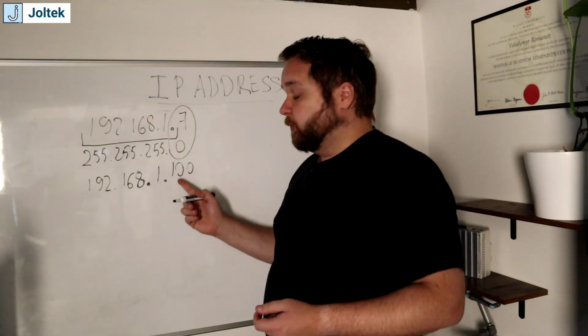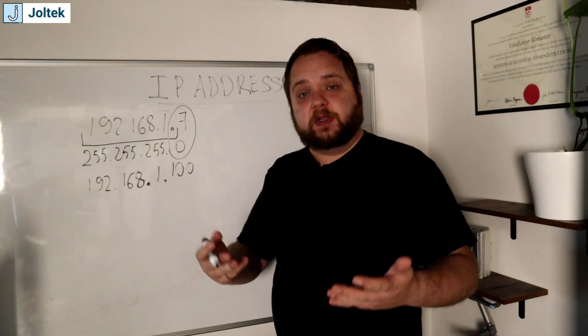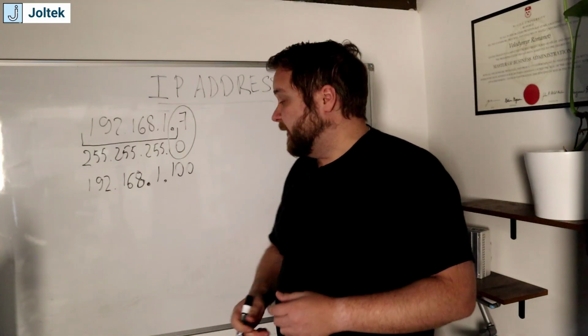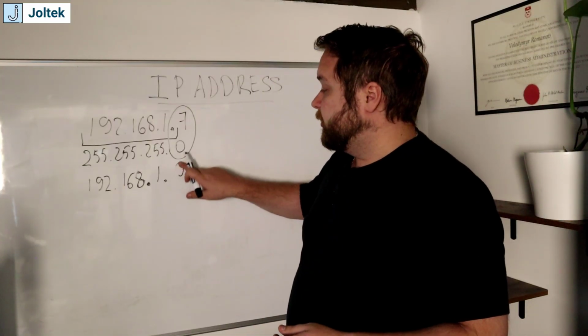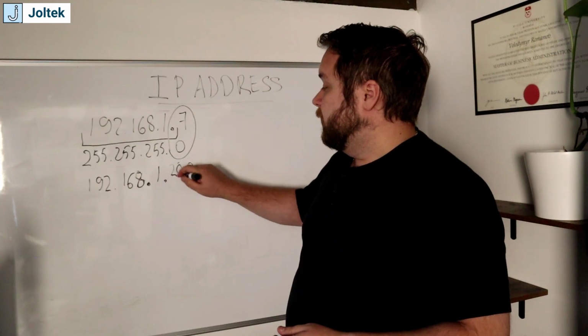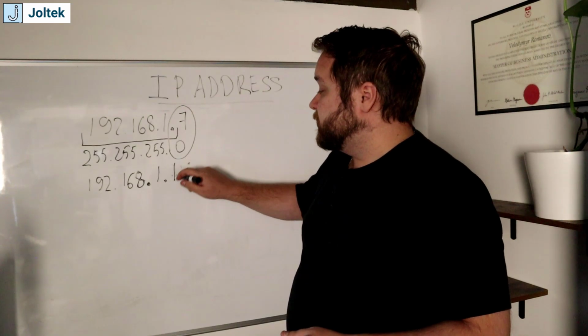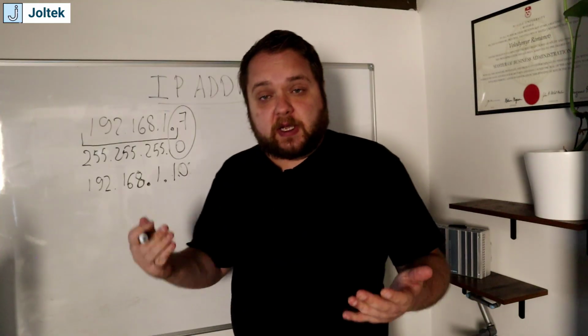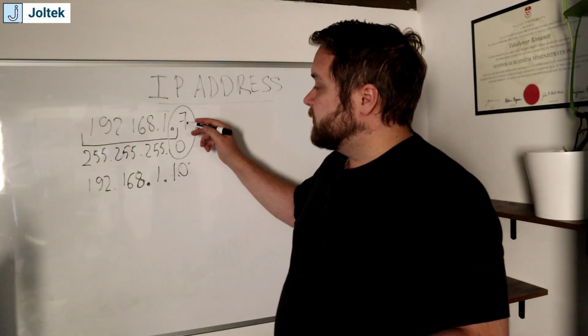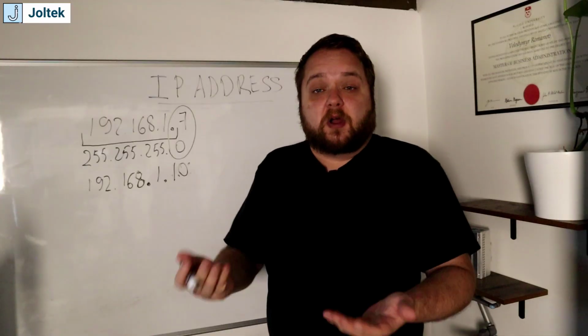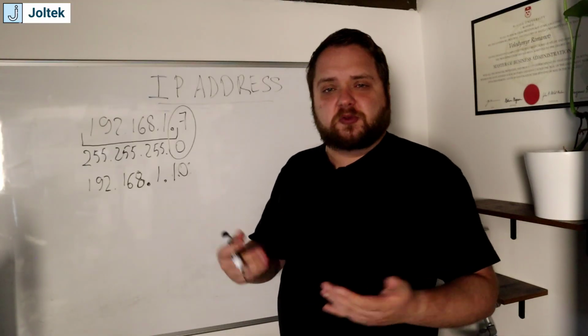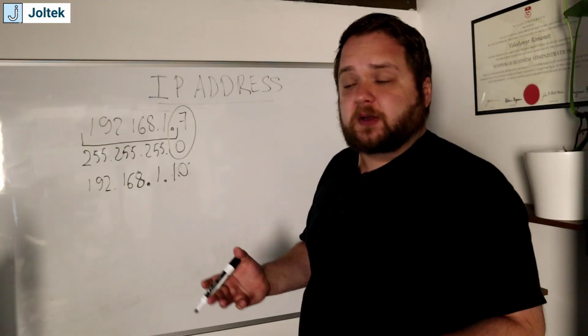So we could have picked 100, which is exactly what we did. We were able to successfully ping that device. We can also select 200. We can just as well select 10, and we can set just any variation of the IP address as long as it's not 7, because at that point we will have a conflicting address and it's going to cause all sorts of different issues depending on the device.